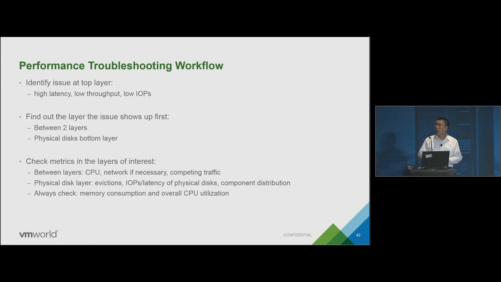And also, if it is possible, check for component distributions, see if there is any imbalanced distribution that could lead to the performance issue present. And orthogonal to all the above, always check for host level memory consumptions and the CPU utilizations, because the performance could be bound at host level by memory or CPU.